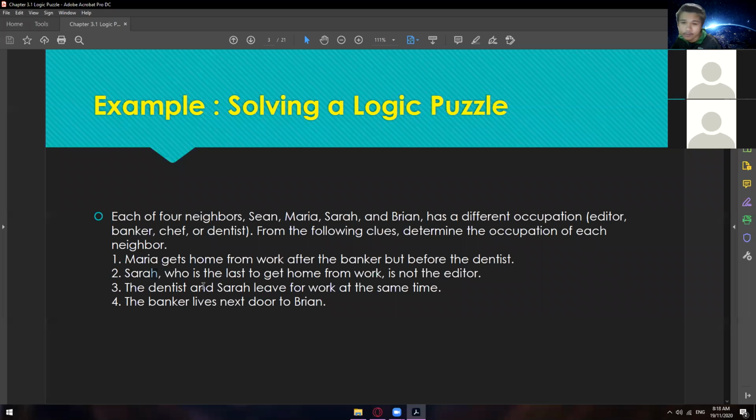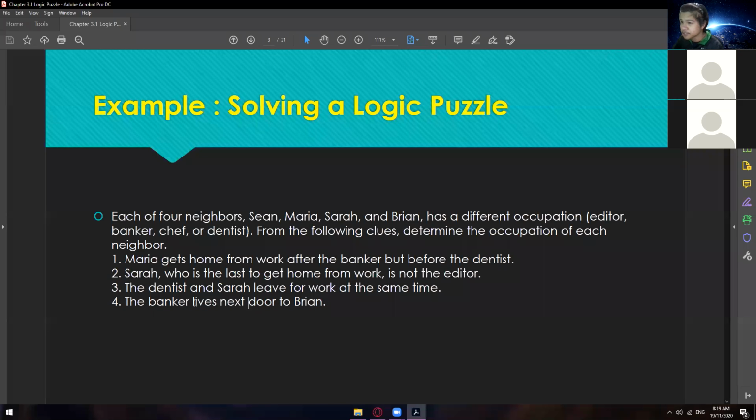Okay. So from there, we already got a lot of clues to identify which is which. So by having this last clue, you must already have figured out one of them. Okay, like dapat alam mo na kung ano yung position ng isa sa kanila. So malalaman mo kung ano yun. So the banker lives next door to Brian.